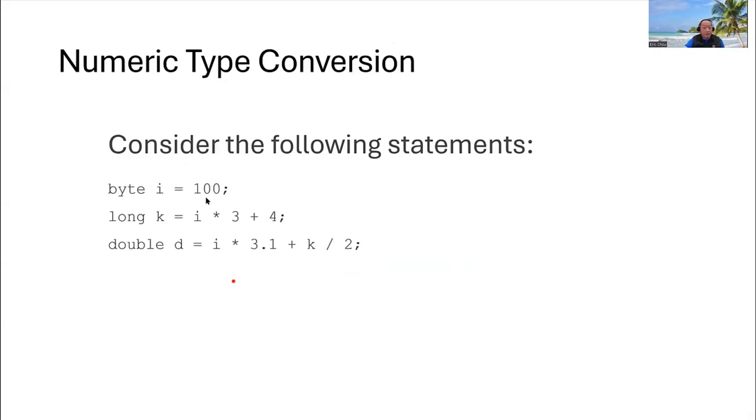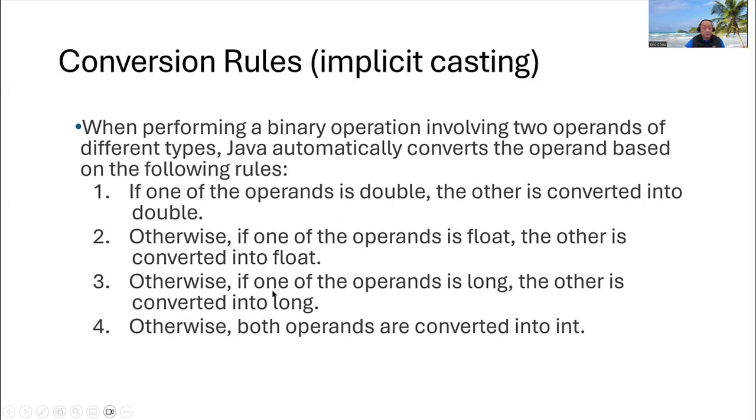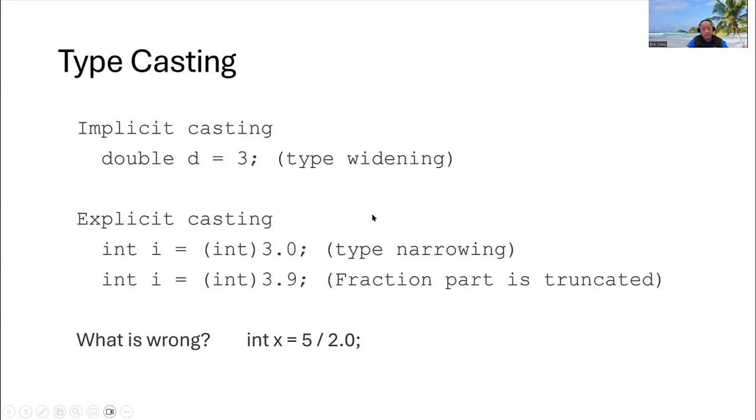So byte b = i where i equals 100, this one is an integer. So you assign an integer to byte, this one will have a grammatical error. This one, integer assigned to long, is okay. This is implicit casting. Implicit casting is that when you have two operands, they are converted to the longer form of the two operands. And if you want to force it to a certain type, you put the type in front.